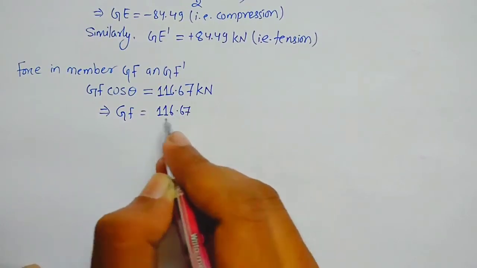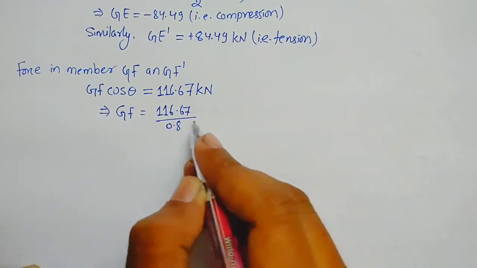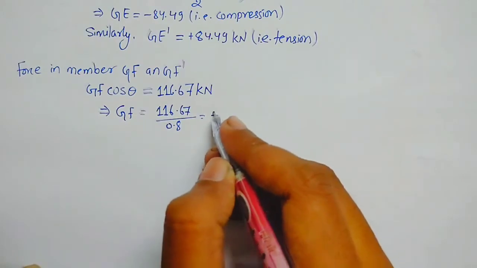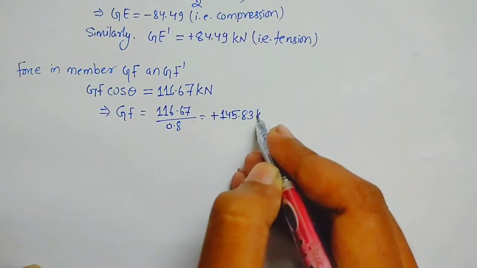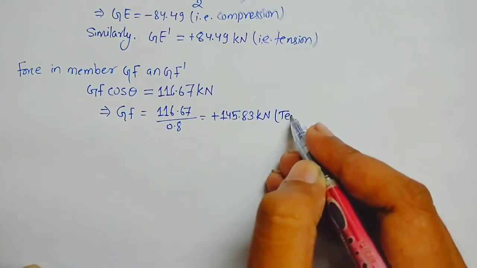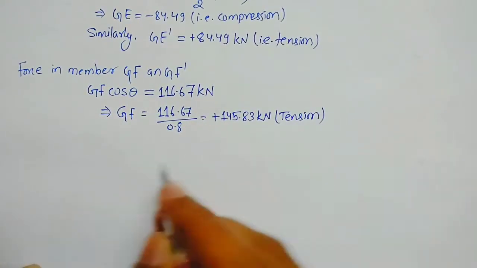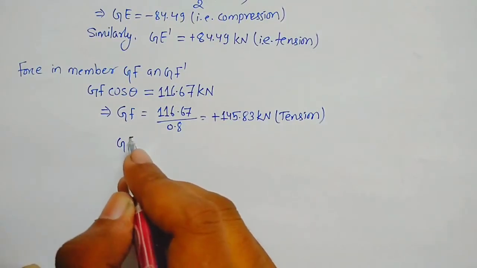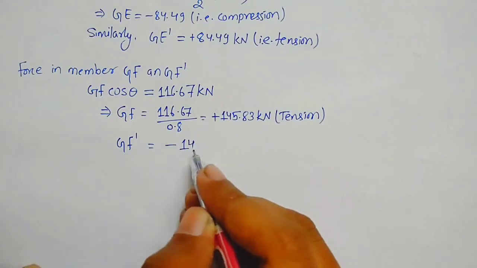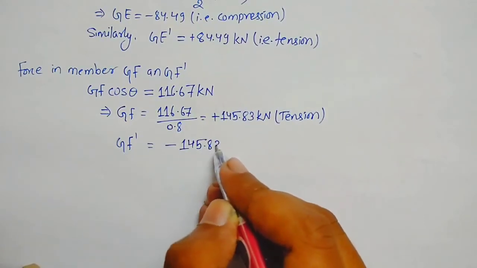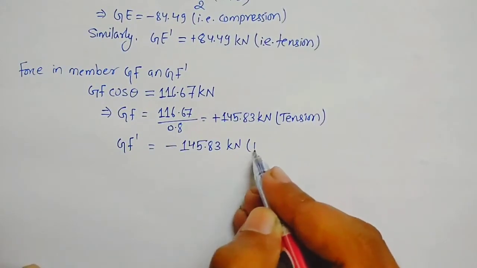And from here we will get the value of GF equals 116.67 divided by cos theta, which is 0.8. So from here we will have plus 145.83 kilonewton, and that is our tension. Similarly, GF dash will be negative due to symmetry, so it will be minus 145.83 kilonewton, that is our compression.